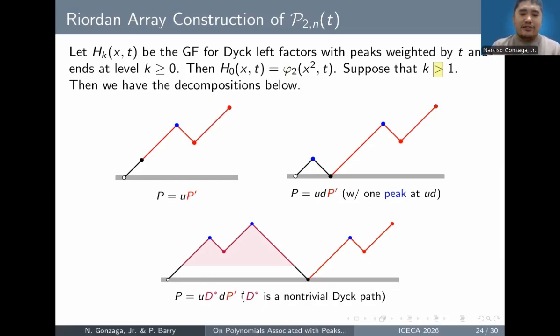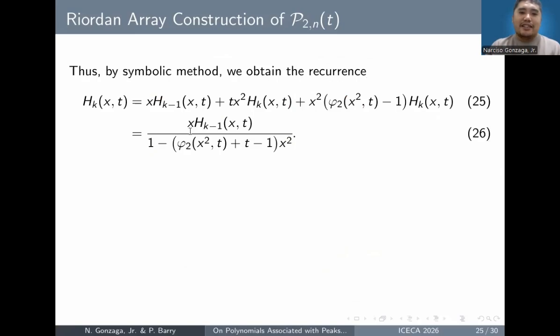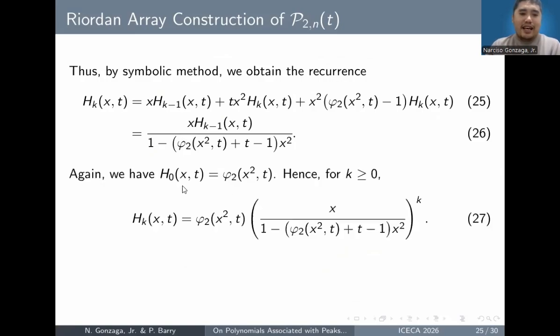And take note of the use of the non-trivial Dyck path there, so that we have this recurrence using the symbolic method in equation 26. And by having the fact that h sub 0 is the dilated generating function of the Narayana polynomials of the second kind, we obtain the explicit formula for h sub k in equation 27.